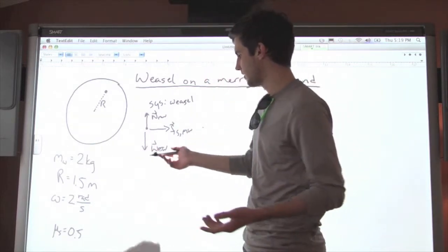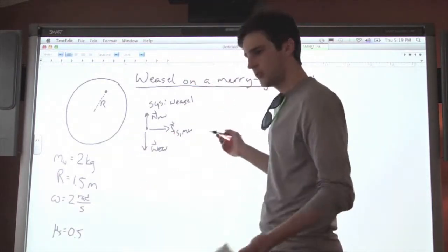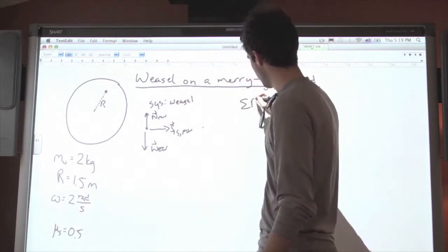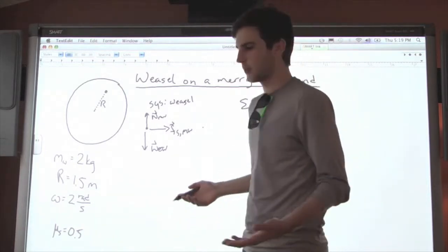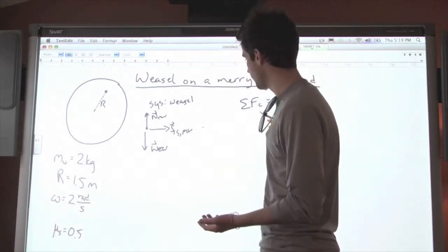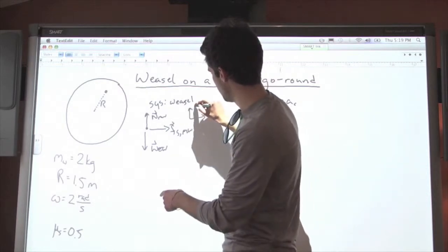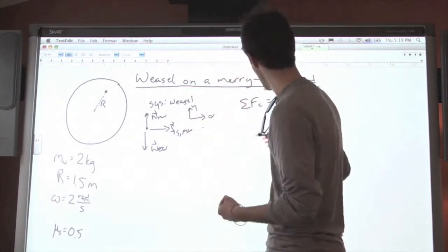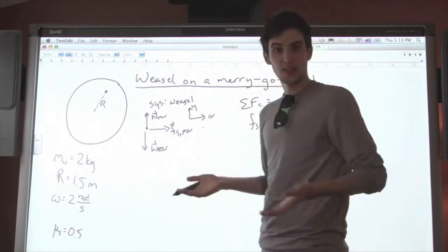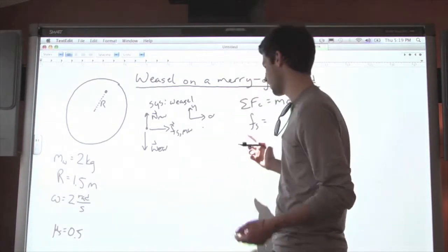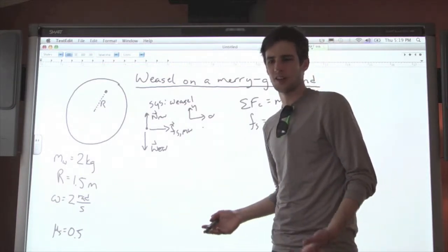So what do we do? I've got a centripetal force now, so why don't I use Newton's second law? I could say the sum of forces in the centripetal direction equals mass times acceleration in the centripetal direction. So using the weasel again as my system, and calling the positive centripetal direction towards the center, I'll say static friction, and that's the only force in the centripetal direction, so that is the sum, equals the mass of the weasel times centripetal acceleration.